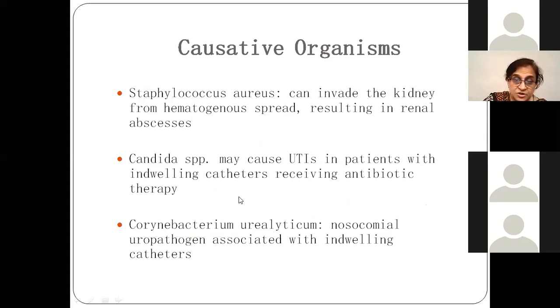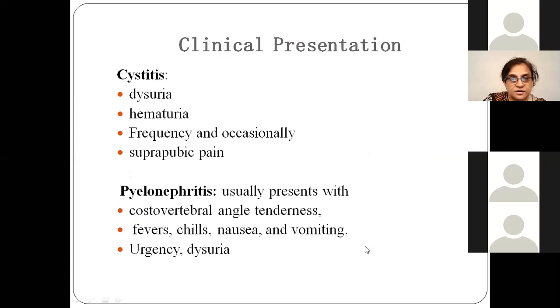Then Candida species, especially in patients having urinary catheters, indwelling catheters, and receiving antibiotics, will cause infections in those patients. Similarly, Corynebacterium urealyticum can cause infection in patients with indwelling catheters.